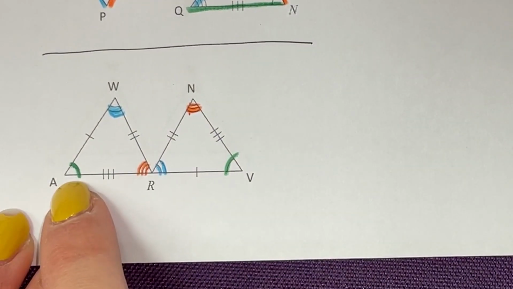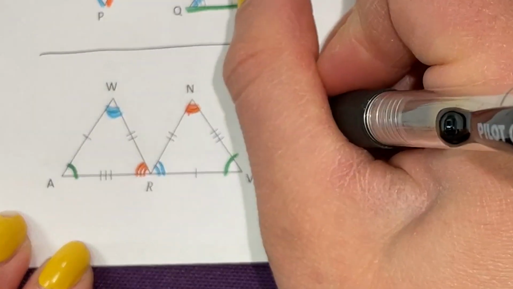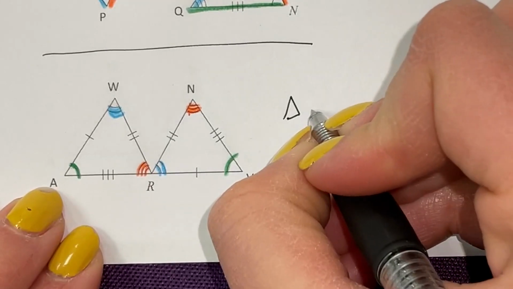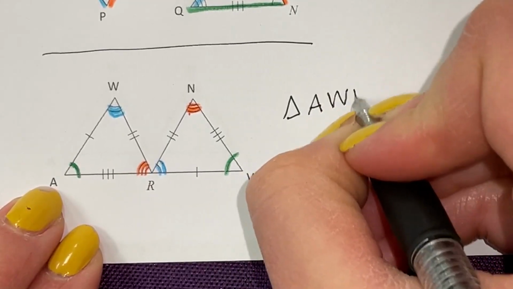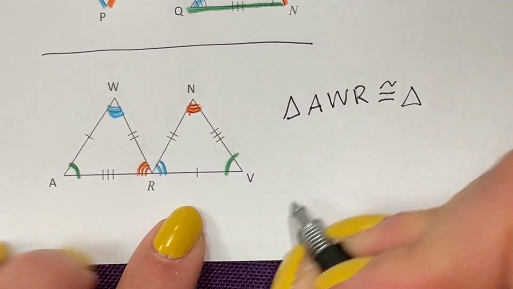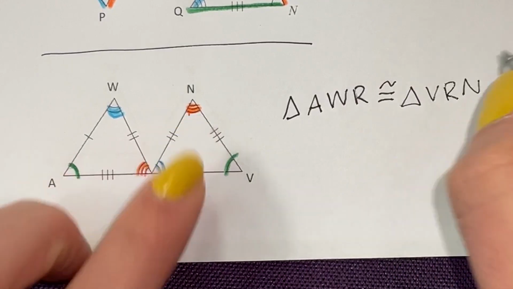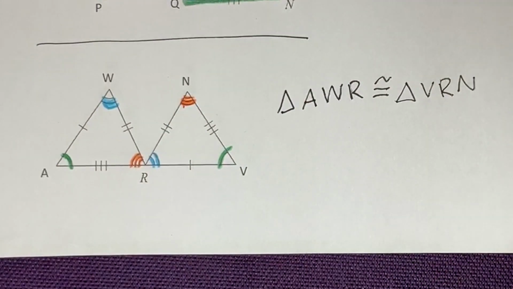So I'm gonna go green, blue, orange. So for my triangle congruency statement, I'm gonna say triangle AWR is congruent, and I need to make sure the other side matches up. VRN, okay? Order matters when you write triangle congruency statements.